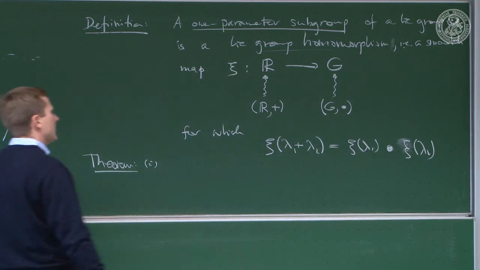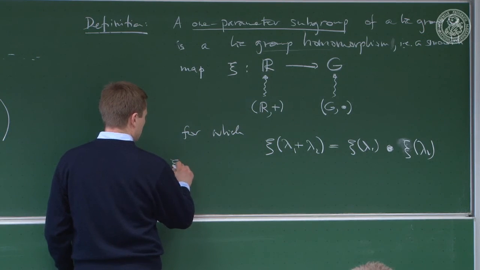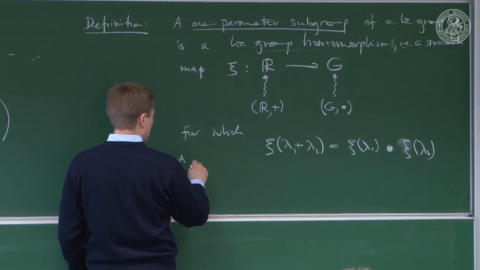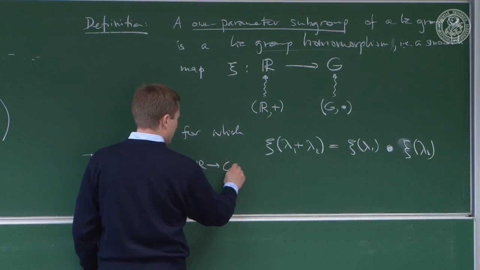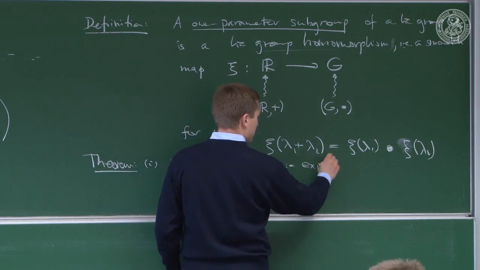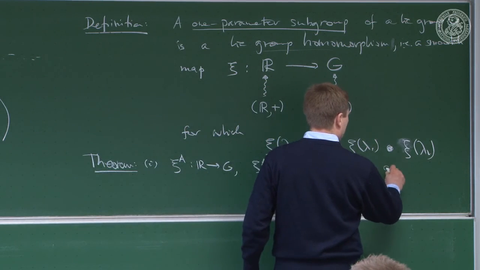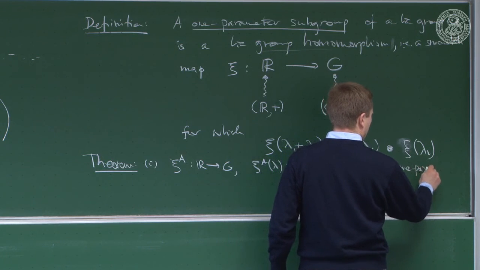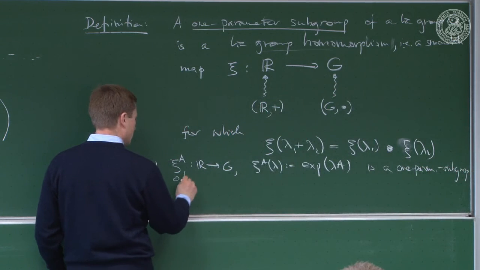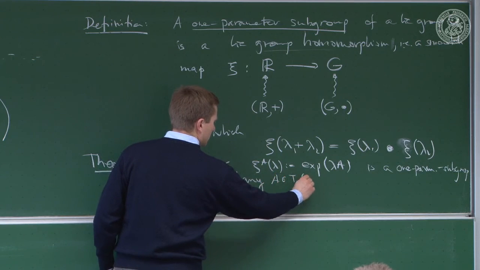And the first part is that Xi A from R to G, where Xi A of lambda is defined as exp of lambda A, is a one-parameter subgroup of G for any choice A in the Lie algebra.